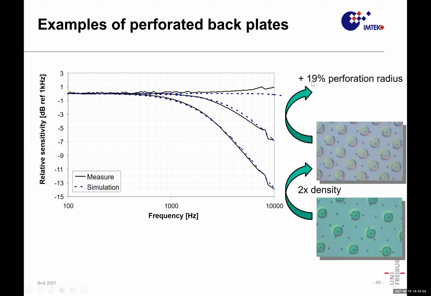But by only some 20% higher diameter, which is, of course, a technological effort to go through, we could finally get the full bandwidth, so maybe 10 to 20 kilohertz. This is understood by modeling, but to follow with technology is always quite some effort.